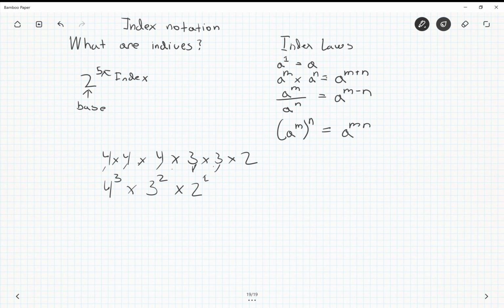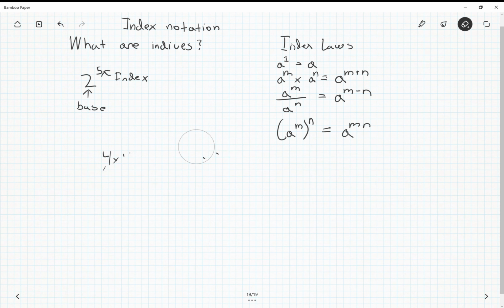Now that we've gone through index notation, we're going to go through something called prime factorization. I'll just write the heading: prime factorization.